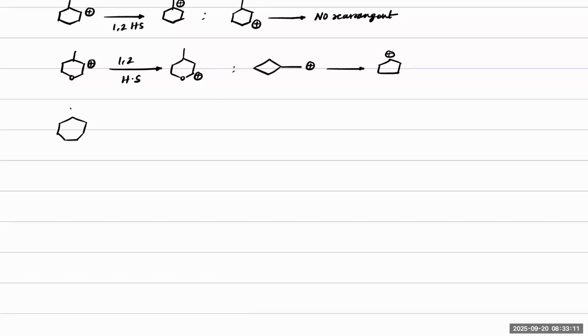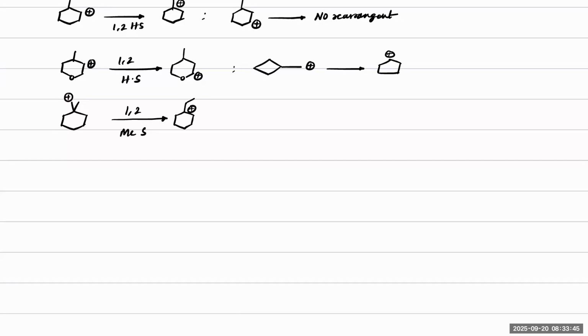Similarly, if you have a seven-membered ring... sorry, let me take a six-membered ring only. If you have a six-membered ring like this with a positive charge here, at the primary position, what can be shifted from here? The methyl can shift, so the positive charge can migrate here. So again, a 1,2 methyl shift will take place.